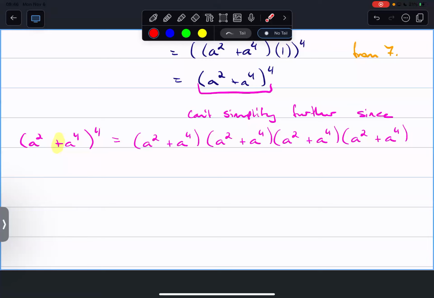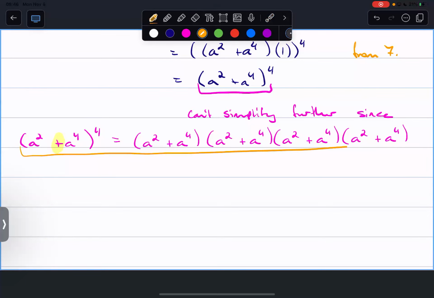But this is from a rule. This is from rule 1, right? And so this is from 1. I can rewrite it like that, treating a to the power of 2 plus a to the power of 4 as the base, right? Just ignoring that it's kind of bigger than what we're used to.